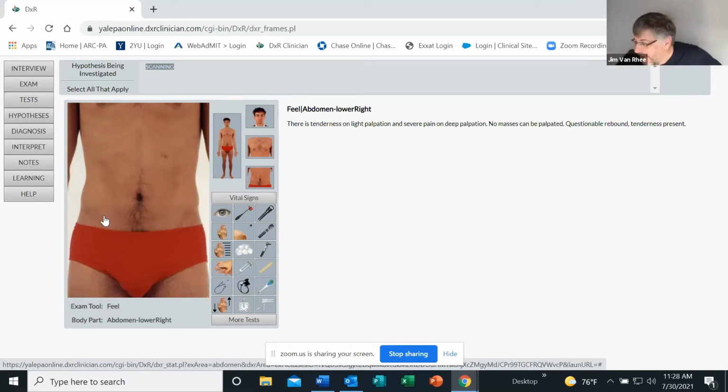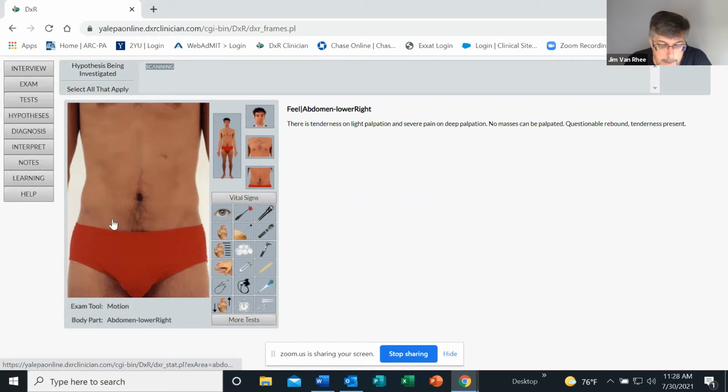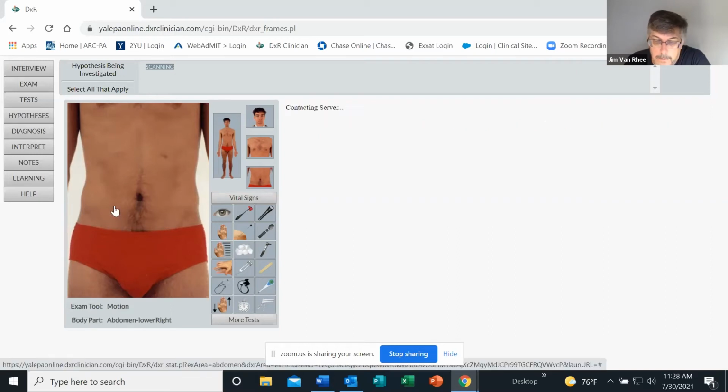Okay. So is there anything else in the abdominal exam we need to do before I go back to the differential diagnosis real quick? Is there anything else we need to do on the abdominal exam? If the program can do a psoas or an obturator sign. That would have been as part of the movement. Let me see if we can. Sometimes there is.